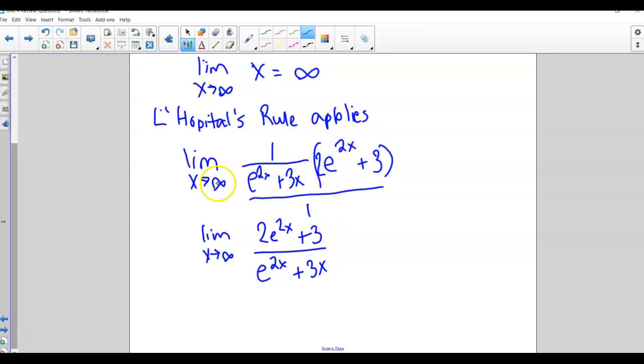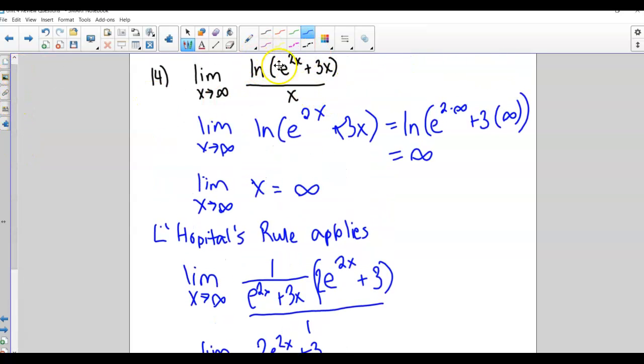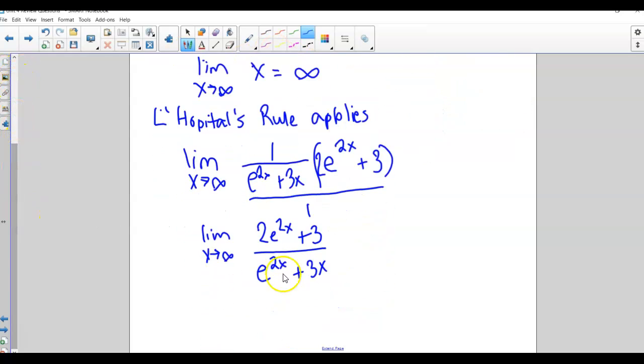It was difficult to do that on the original problem because you had that natural log and the e. So that made it difficult to see what was going to happen. But now we've got an e to the 2x on top and bottom, and that would be considered our highest degree. Since those are identical, we're just going to divide our coefficients, and we will get 2 for our answer.